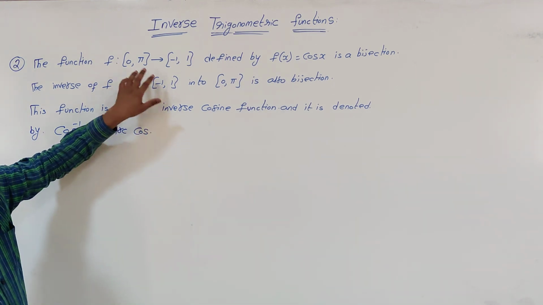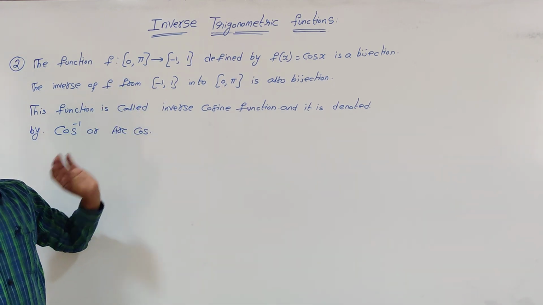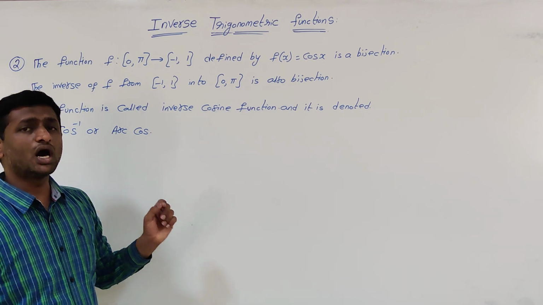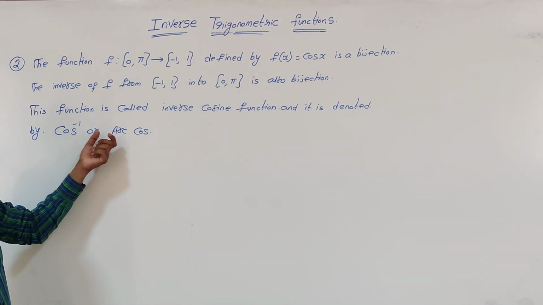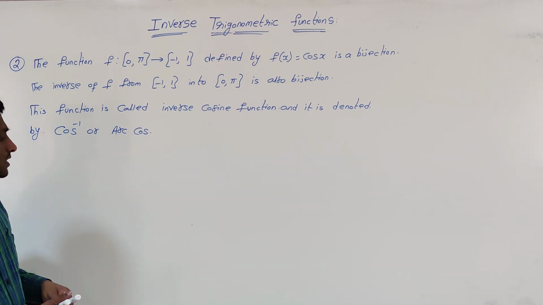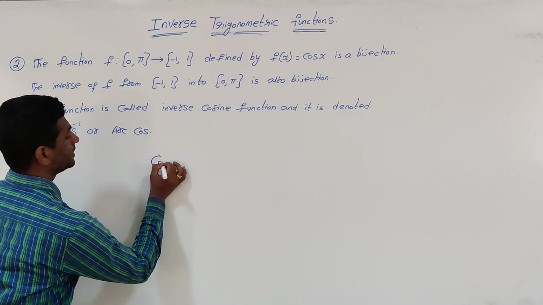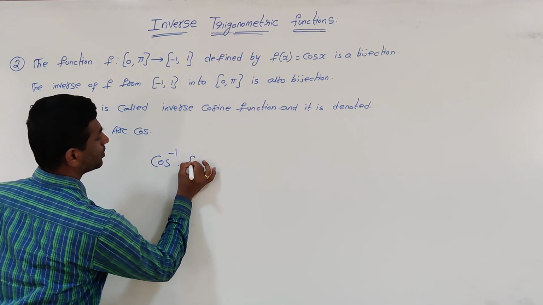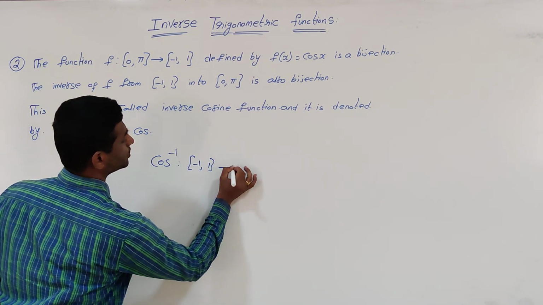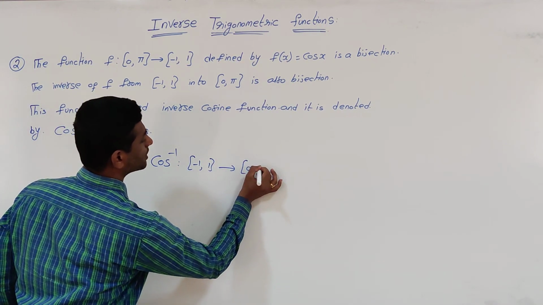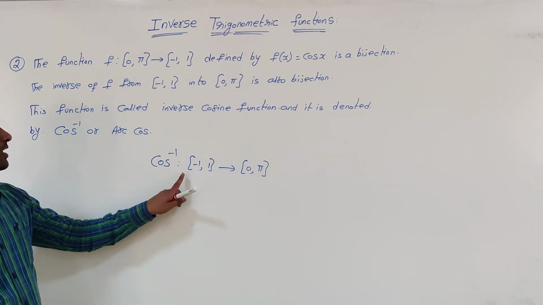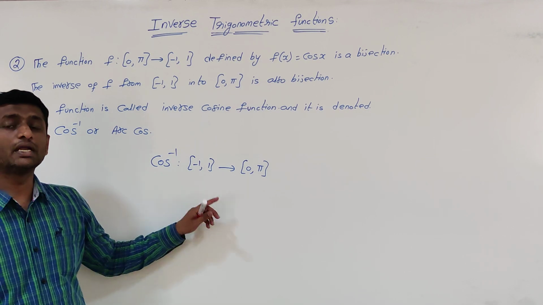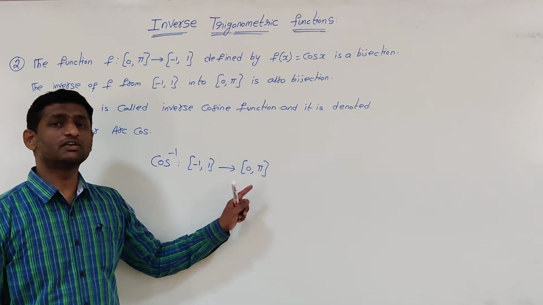This function is called the inverse cosine function or arc cosine function, and it is denoted by cos inverse or arc cos. Means cos inverse is a function from the closed interval -1 comma 1 to the closed interval 0 comma pi. The inputs should be from -1 to +1, and whatever outputs exist should be between 0 to pi.